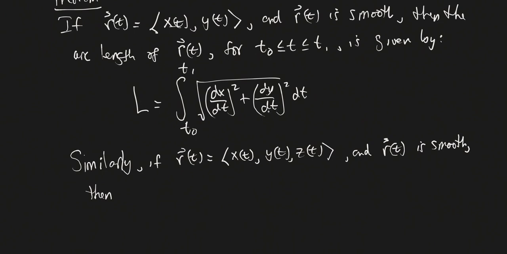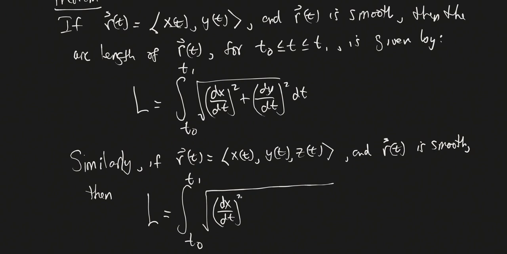I'll just write down what the formula is. So then the arc length, again, over that interval is equal to the definite integral from t0 to t1. What do we integrate? The square root of dx dt squared plus dy dt squared plus dz dt squared, and then we integrate with respect to t, right?